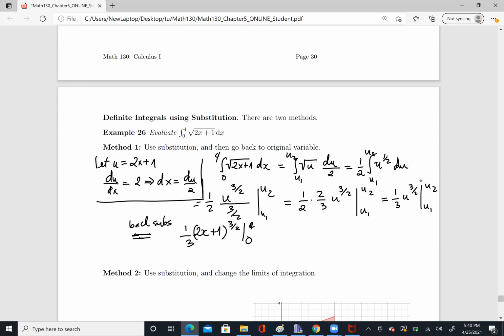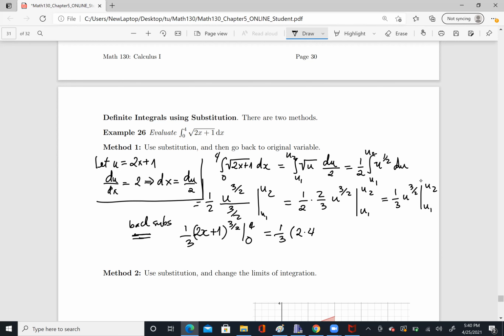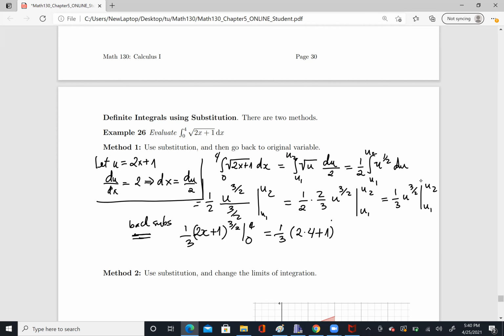Now I will have 1/3 times, in parentheses, 2 times 4 plus 1 to the 3/2, minus 2 times 0 plus 1 to the power 3/2, and then close parentheses.